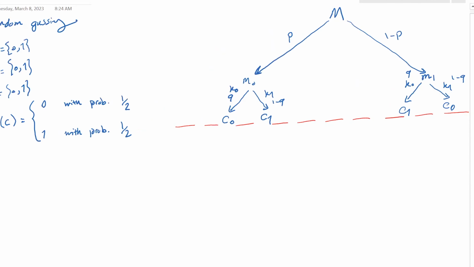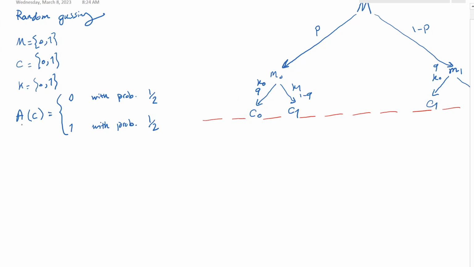This is the adversary algorithm A. Every time he sees a ciphertext, he outputs the message 0 with probability half, and 1 with probability half.